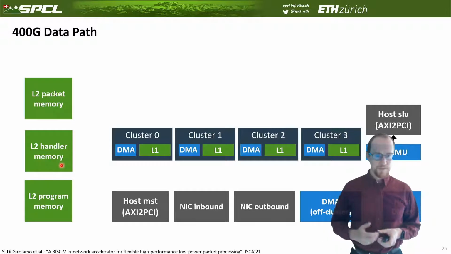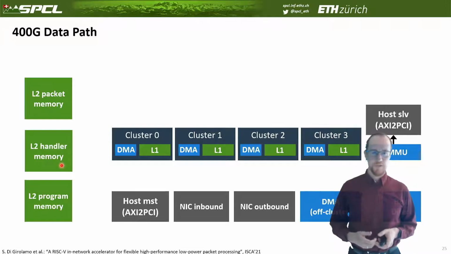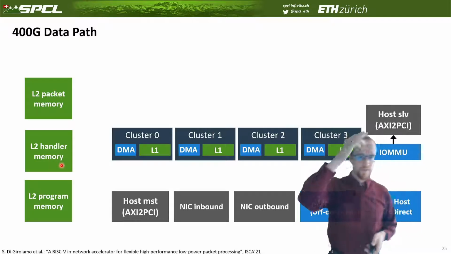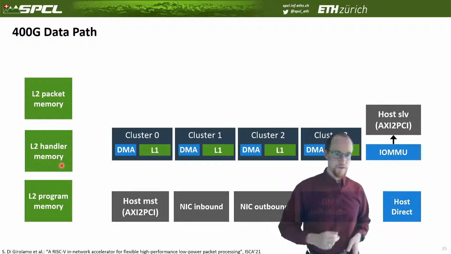And here I'm showing the data path for a 400 gigabit device. That was our target for the implementation that we have. And we have, of course, these various memories: packet memory, handler memory, program memory. We have these various clusters here with their memories. We have a host interface, an I/O MMU, and host access.